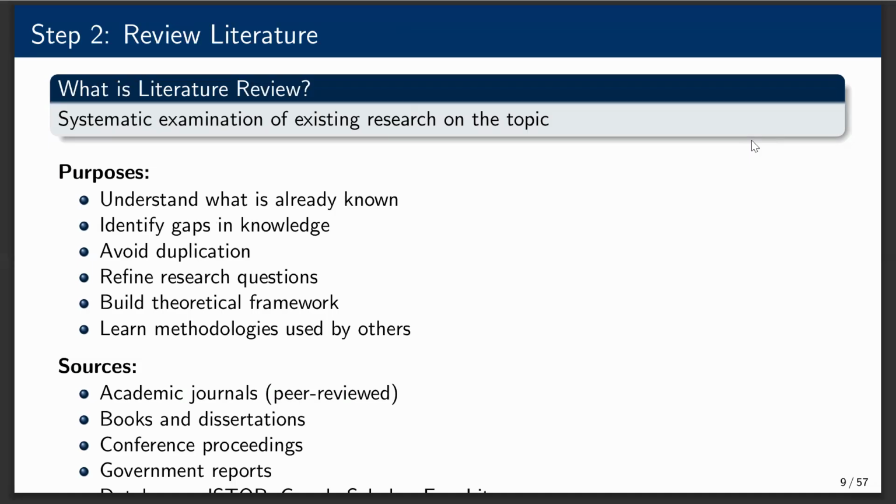The purpose is to understand what is already known, to identify gaps in knowledge, to avoid duplication, to refine research questions, to build a theoretical framework, and to learn methodologies used by others. And from where will you get the literature? From academic journals which are peer reviewed, books and dissertations, conference proceedings, and government reports.